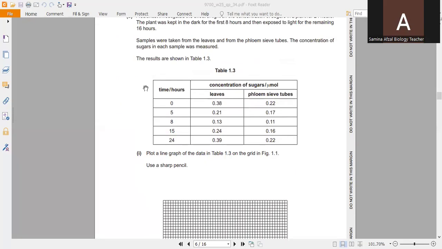From 15 to 20 hours, the value was 0.24 and it increased to 0.39. So the initial value is 0.24 and the final value is 0.39.